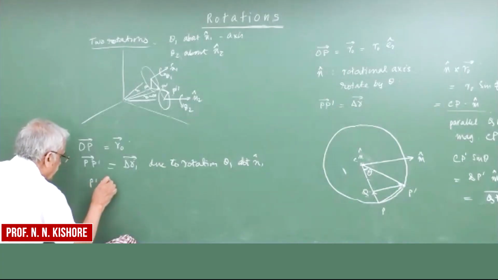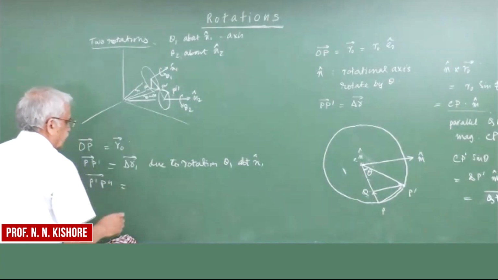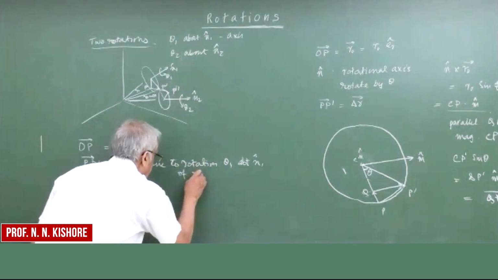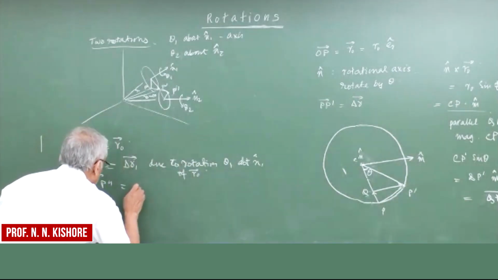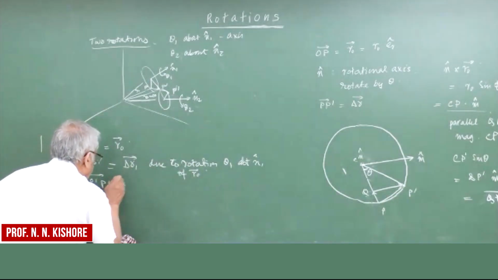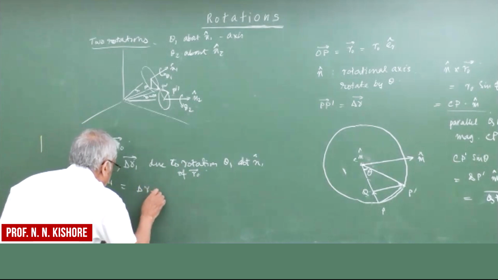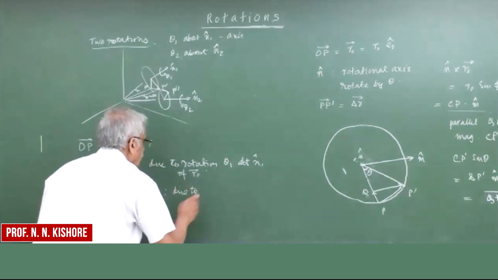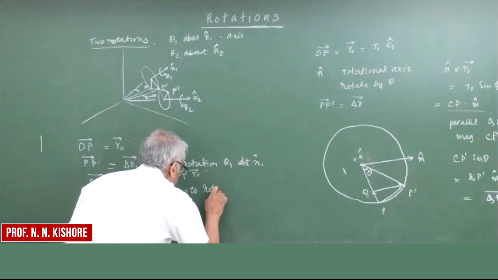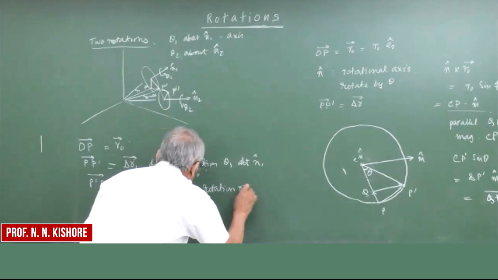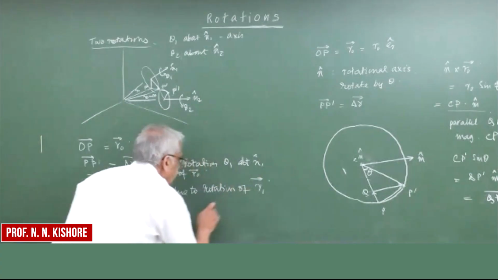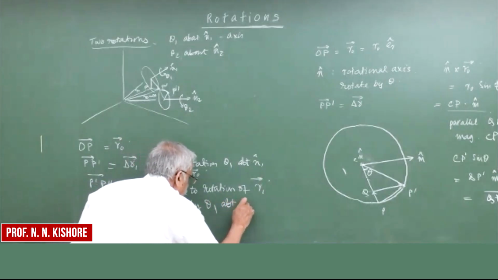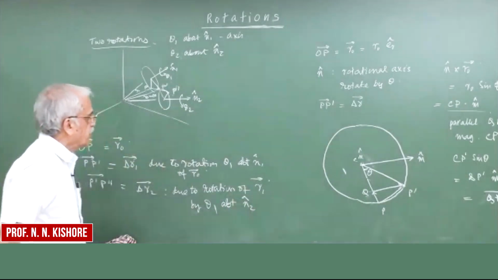And P prime to P double prime is, let us say, delta R2, so this is due to rotation of R1 by theta 2 about N2. I hope you have understood.